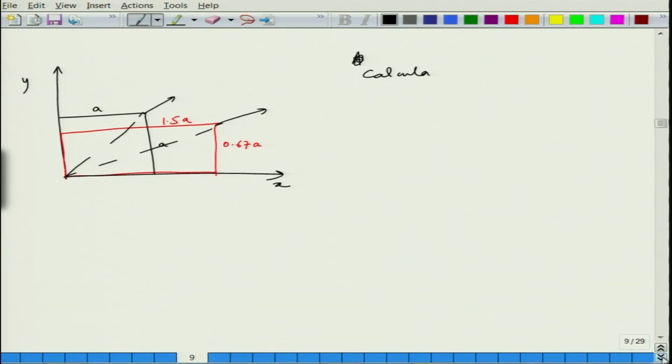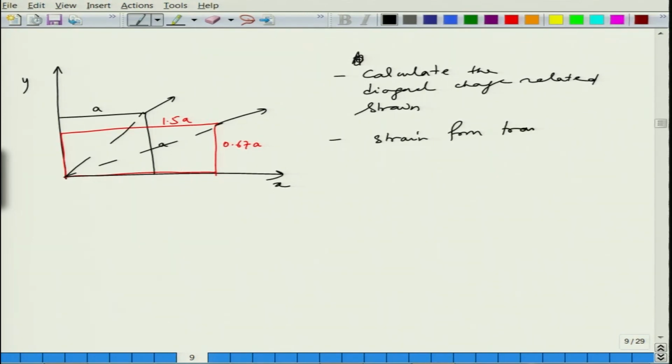Okay. So calculate the diagonal related strain, and again calculate the strain from transformation of axis.